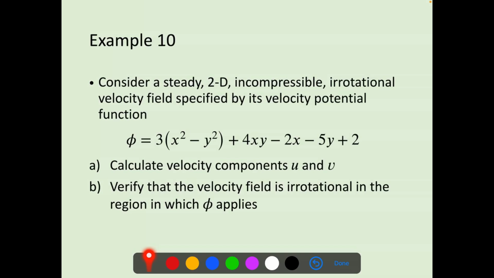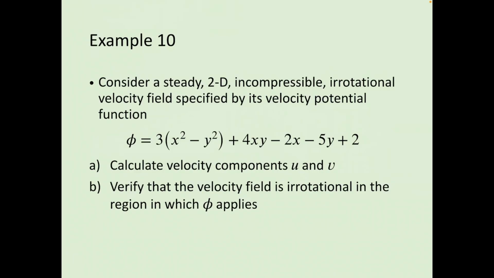Okay, let's say you have a steady 2D incompressible irrotational velocity field specified by its velocity potential function, as shown. Calculate the velocity components u and v. How do we solve this?